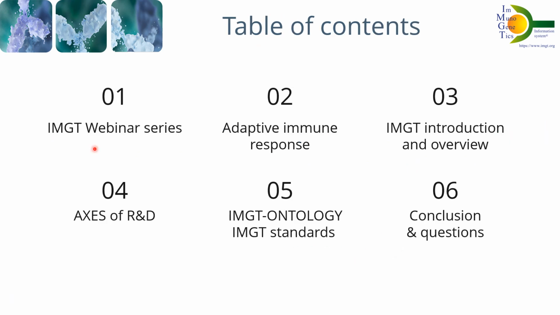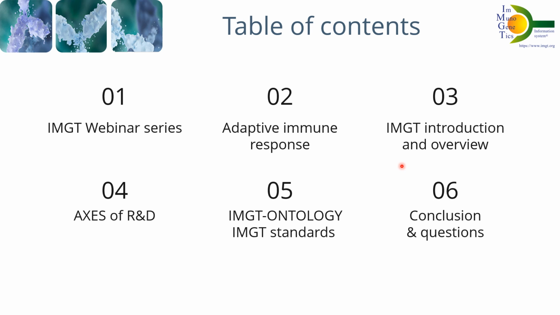The layout of today's webinar is as follows. We'll start off with some information about upcoming webinars, and then we'll move over to a brief introduction about the adaptive immune response. It will be by no means an exhaustive introduction to the adaptive immune response. We'll focus exclusively on the concepts that will be used when working with IMGT resources.